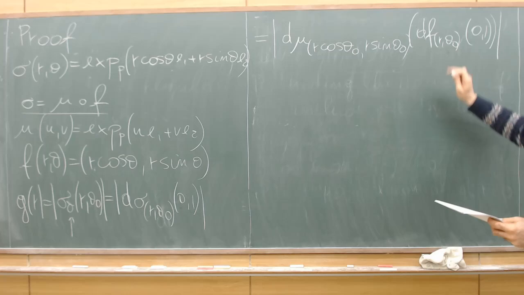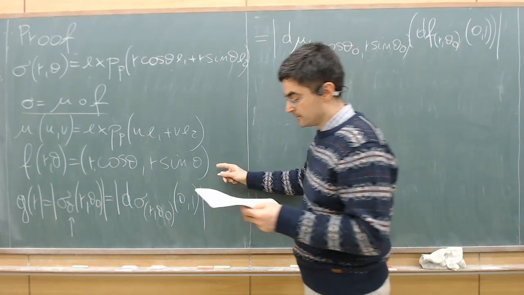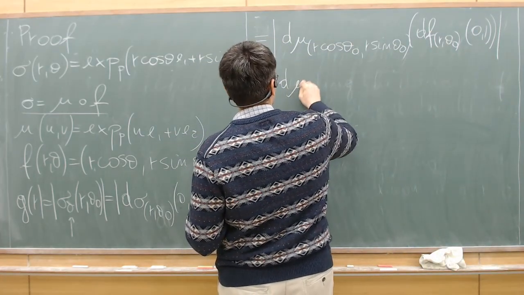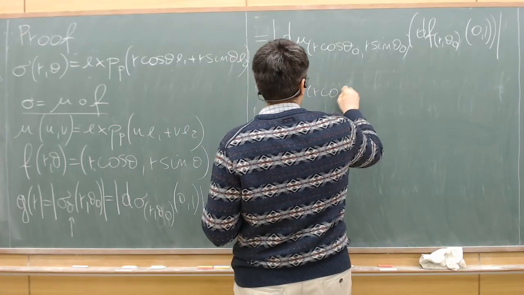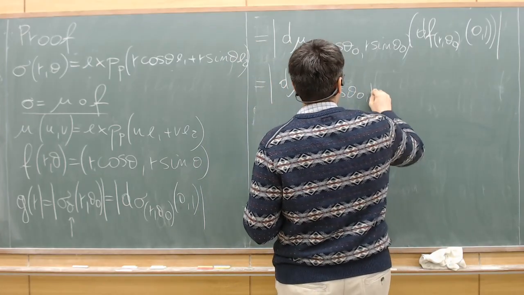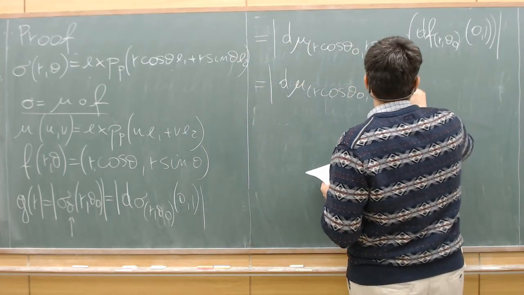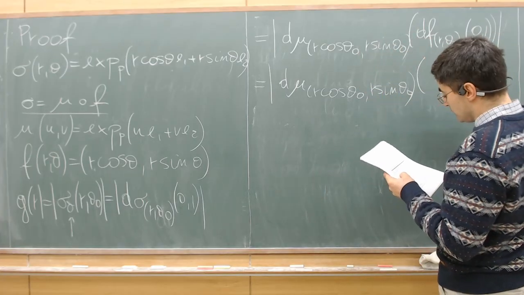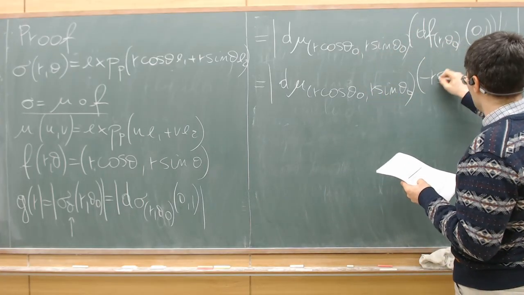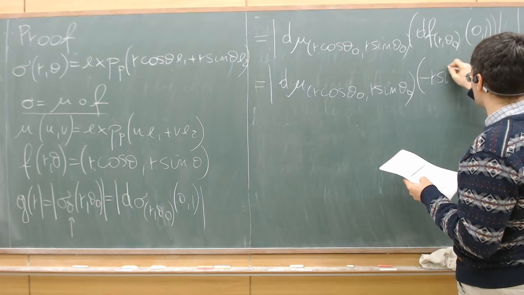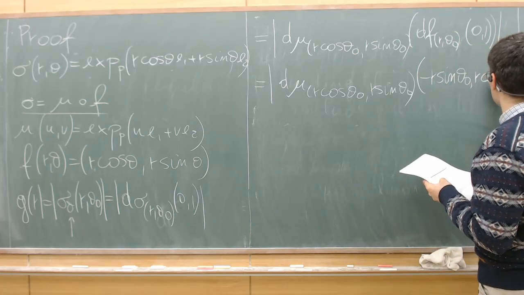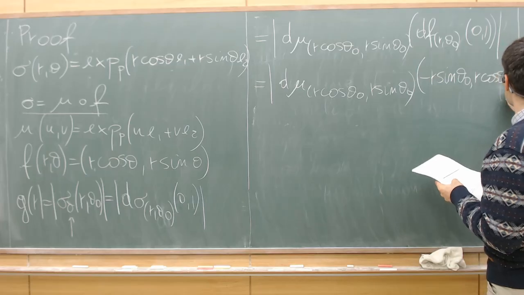This is easy to compute. The formula is here. We get the d mu evaluated at r cosine theta 0, r sine theta 0, evaluated at the vector minus r sine theta 0, r cosine theta 0.